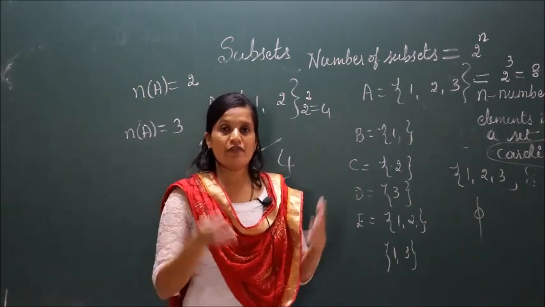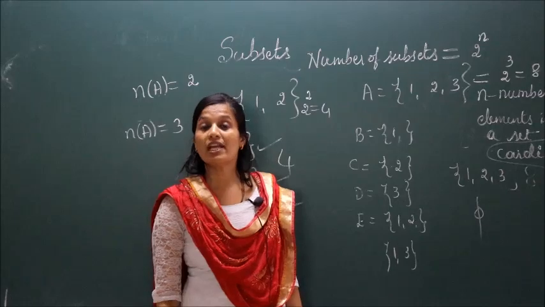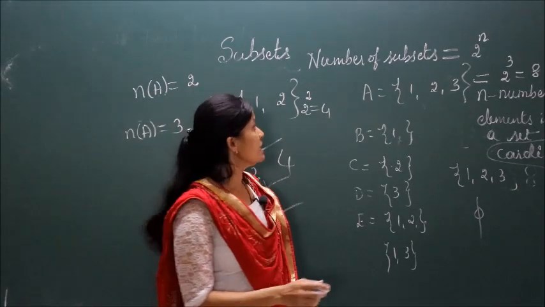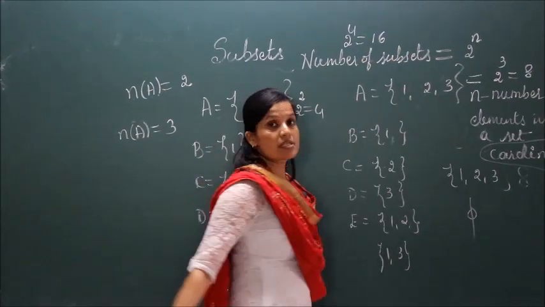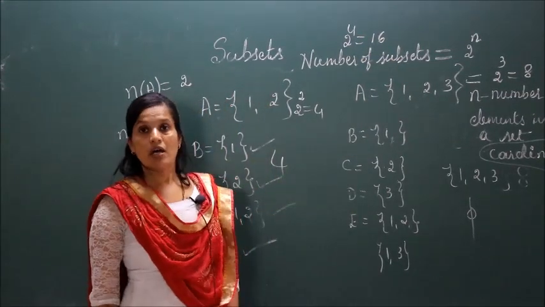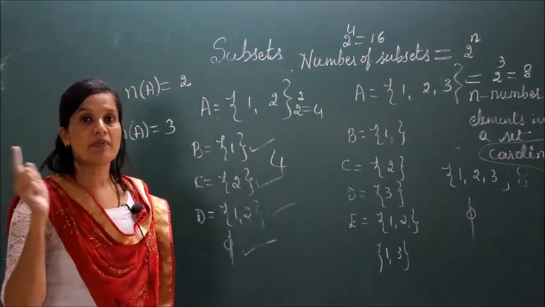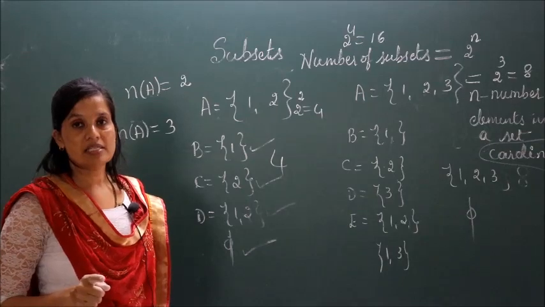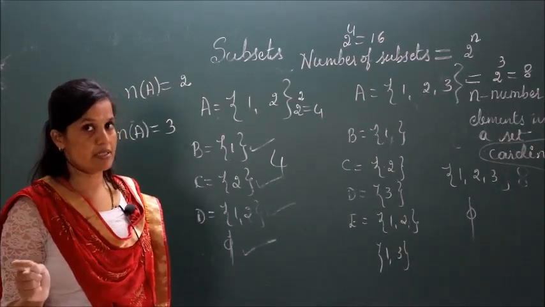In the same way, if a set has 4 elements, how many subsets does it have? It is 2 to the power 4, it has 16 subsets. So remember the formula to calculate the number of subsets is equal to 2 to the power n. n is the number of elements in a given set.